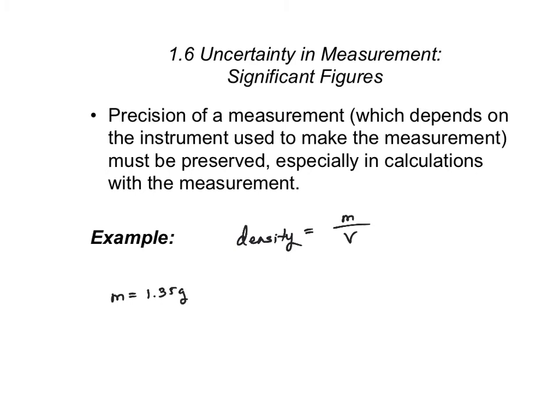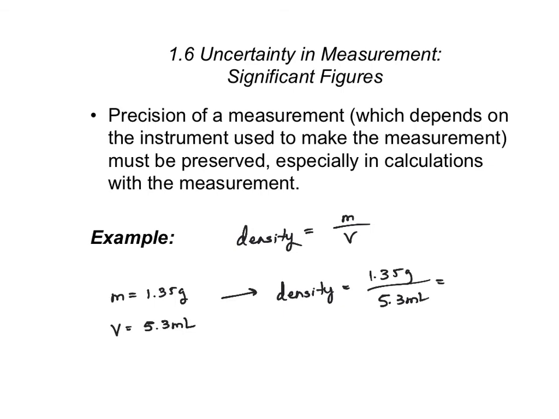Very careful to report the correct amount of certainty, and then you measure the volume equal to 5.3 milliliters, okay? So you're very good scientists, you're very good at reporting the correct amount of certainty with respect to your measurements.